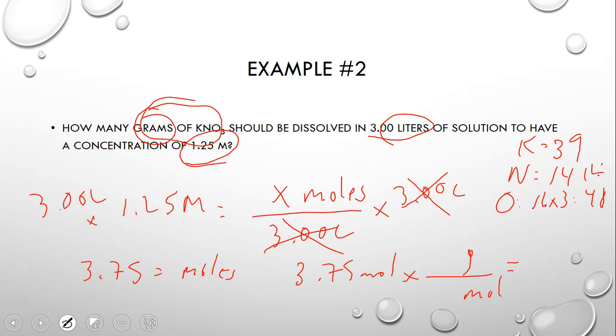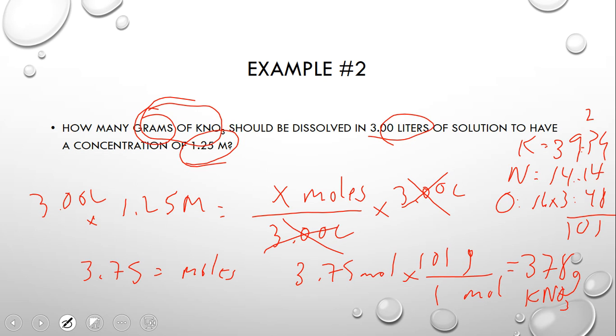So 48 and 14 and 39, when we add all those up, we get 101. So it's 101 grams in 1 mole, and so 3.75 times 101 is 378 grams. So we have figured this out, that it's 378 grams of KNO3.